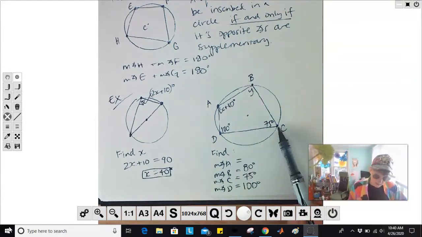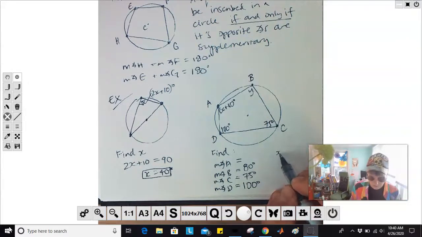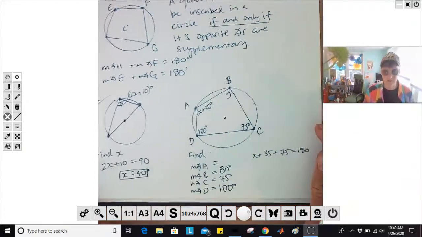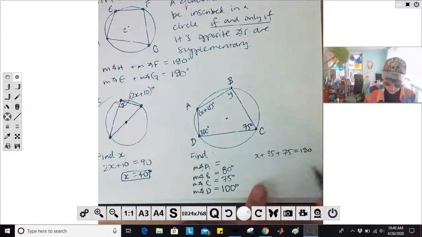And we can use that same theory here that these two angles must be supplementary. So we know that X plus 35 plus 75 equals 180 degrees. Add our like terms, 35 and 75 is 110, so that's X plus 110 equals 180.